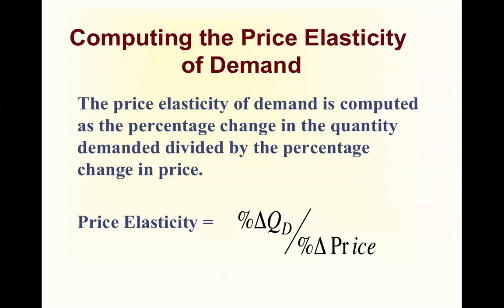So the price is always going to be on the bottom. I always get a little confused on that as well, but just think of it this way: the independent variable is going to be on the bottom, and the dependent variable is going to be on the top. All right, let's explore this a little further.